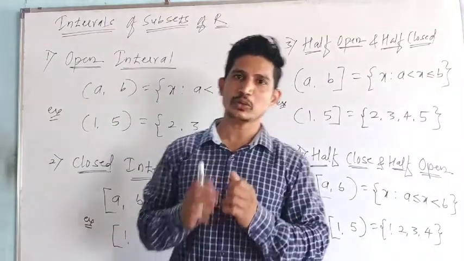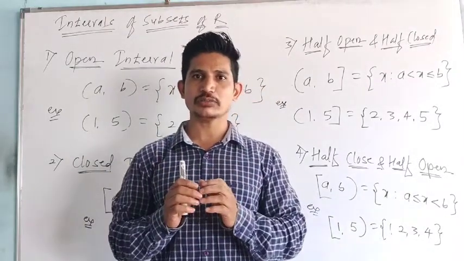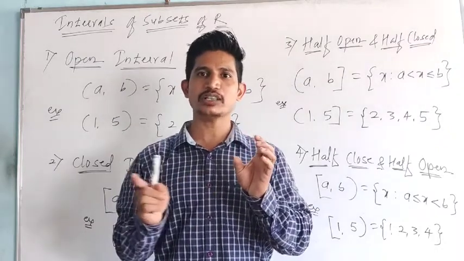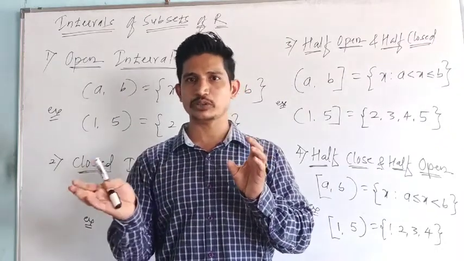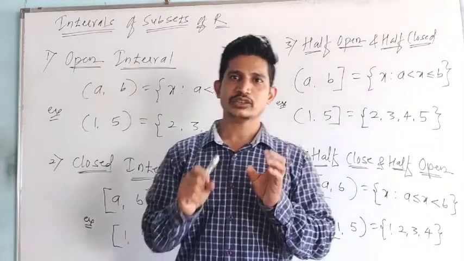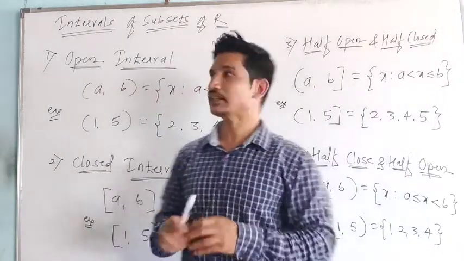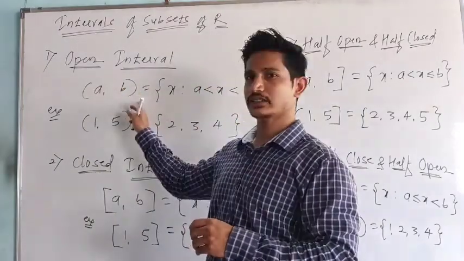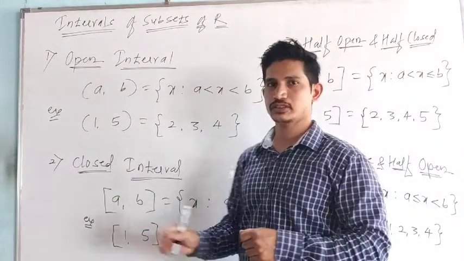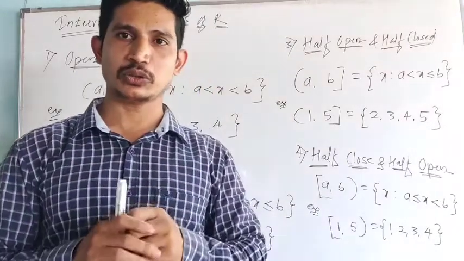In short, open means the boundary point will not come, and closed interval means the boundary points also will come, along with all the numbers in between. So open interval is written with curved brackets, and closed interval with square brackets. This is about the open interval and the closed interval.